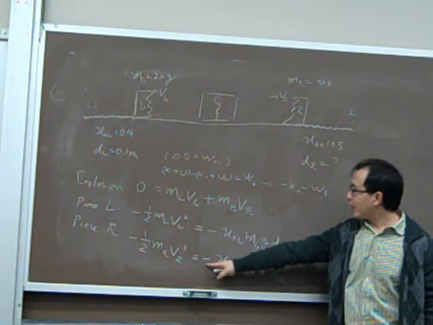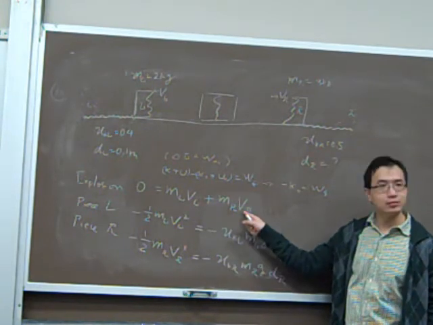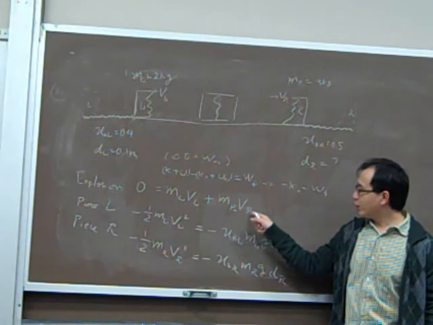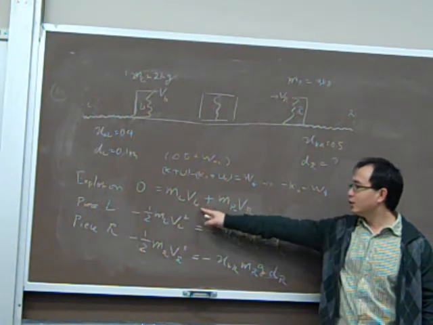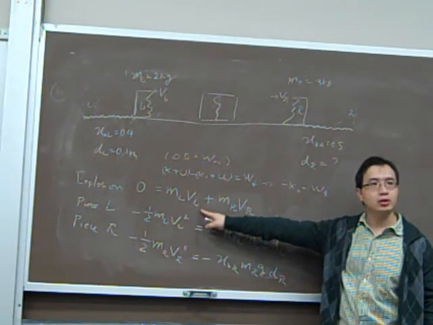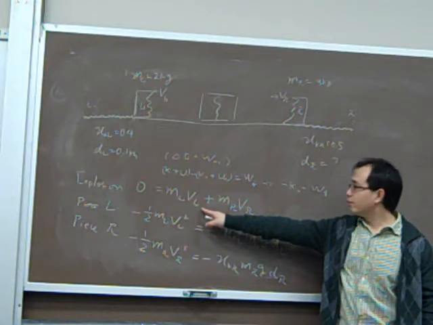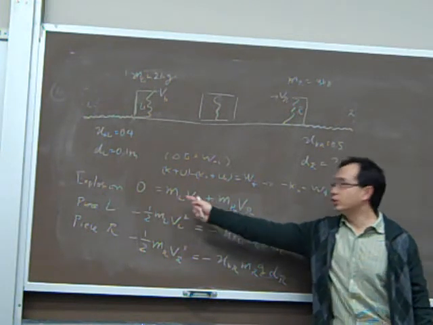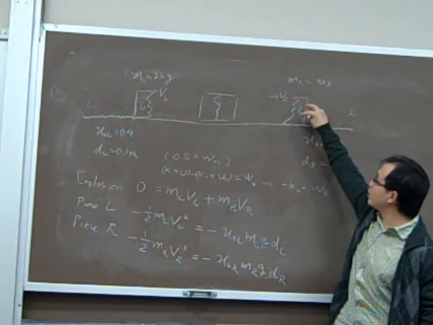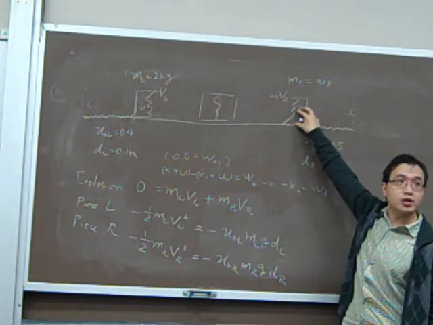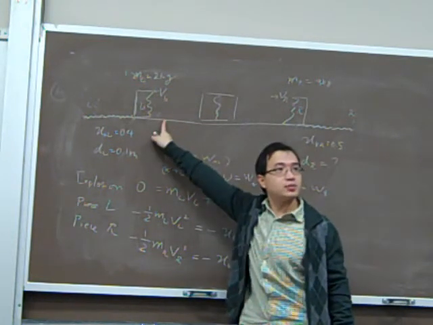And how can we get Vr? We can go to this one. If we want to find Vr, we need to know VL. Due to the momentum conservation, if you want to know the velocity of this block, you have to know the velocity of this block.